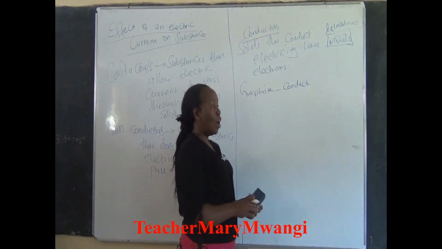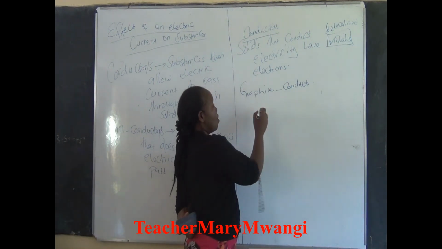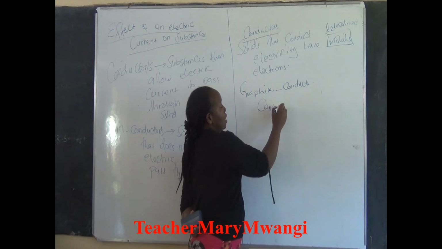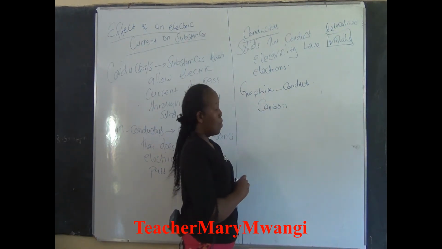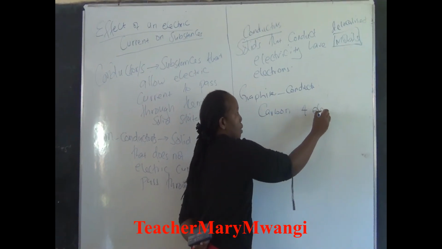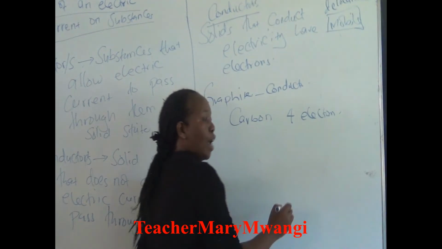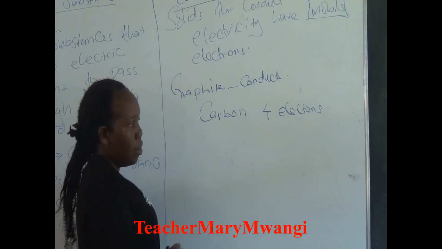So in the structure of graphite, we know that graphite is an allotrope of carbon, and it has got 4 electrons in its outermost energy level.